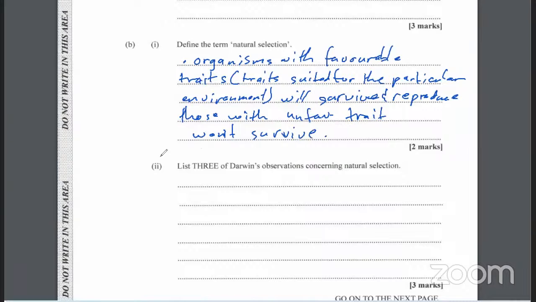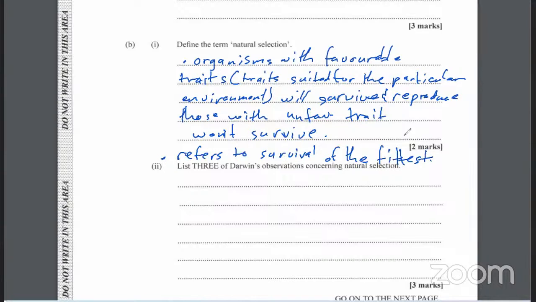And if you don't remember anything at all, just write that it refers to survival of the fittest. If you can remember that, I'm sure you can have an idea how to explain what survival of the fittest means.